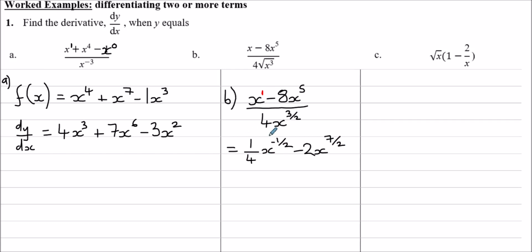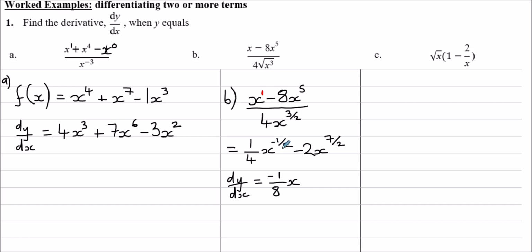So we can now differentiate this function. So we're going to have dy by dx equals. So this power of minus half comes to the front, so we're going to multiply the quarter by minus a half. So a quarter multiplied by minus a half is going to give us minus 1/8 x.